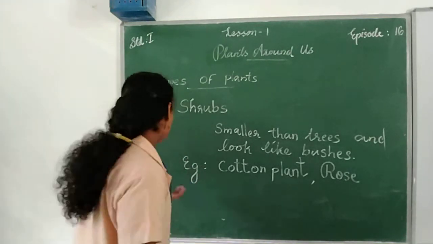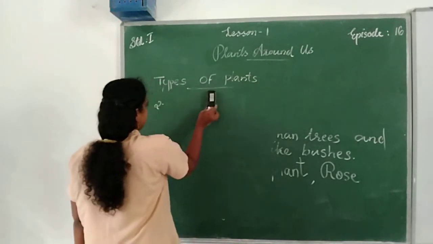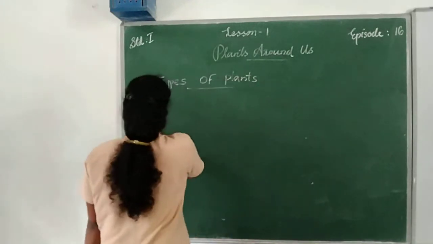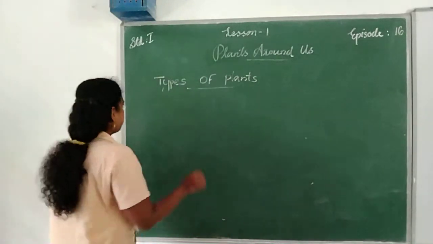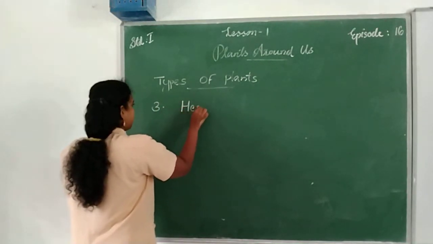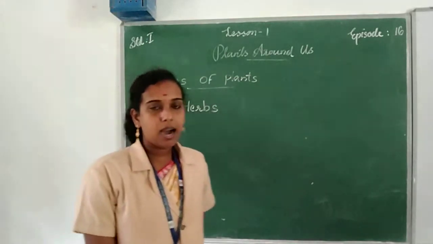Then the third type of plant is herbs, H-E-R-B.